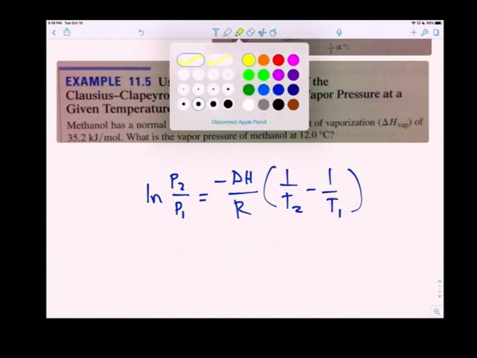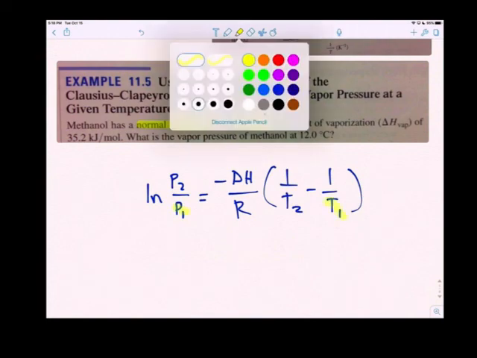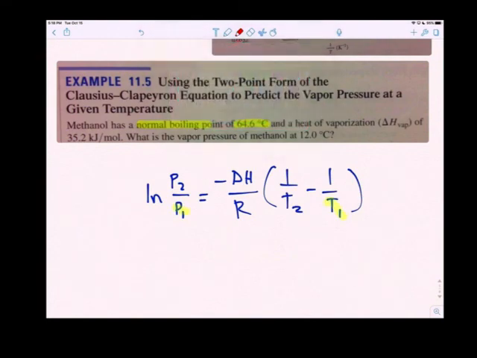So I'm going to highlight in yellow P1. I'm going to call these P1, the normal boiling point. So this is P1 T1, and then in red here this is the vapor pressure there at 12 degrees Celsius.